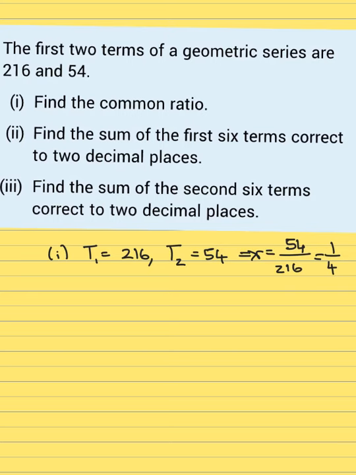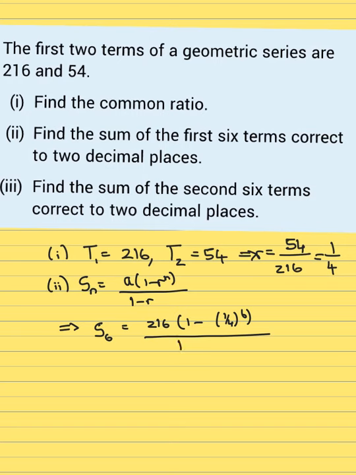Now we want to find the sum of the first 6 terms, correct to 2 decimal places. And the formula for Sn is a times 1 minus r to the n over 1 minus r. We want to find S6, the sum of the first 6 terms. And this is a, which is 216, times 1 minus r, which is a quarter, to the power of 6, because that's the number of terms, over 1 minus r, or 1 minus a quarter.